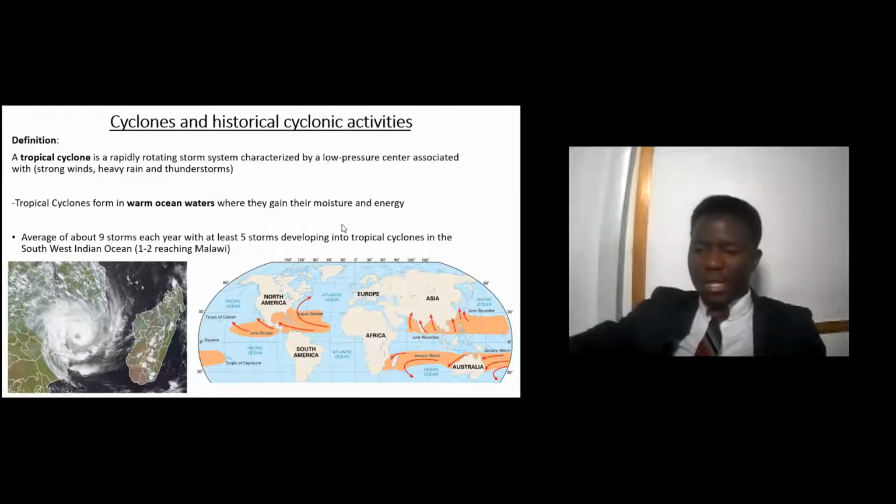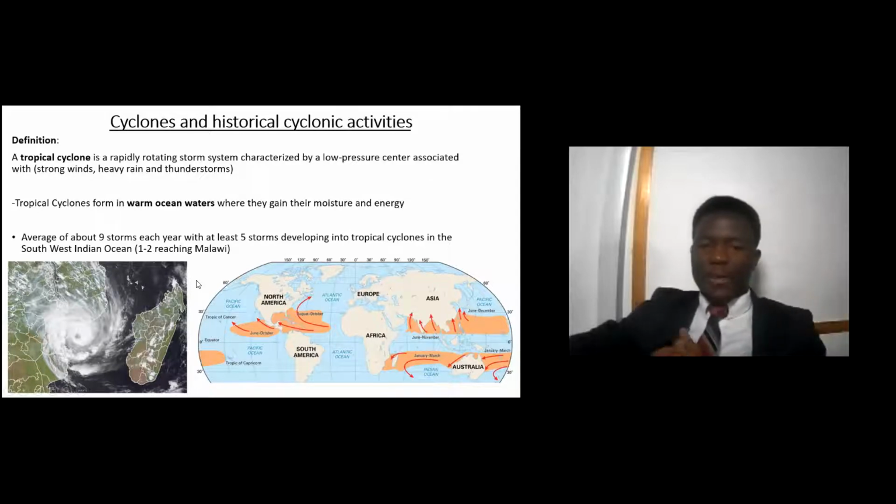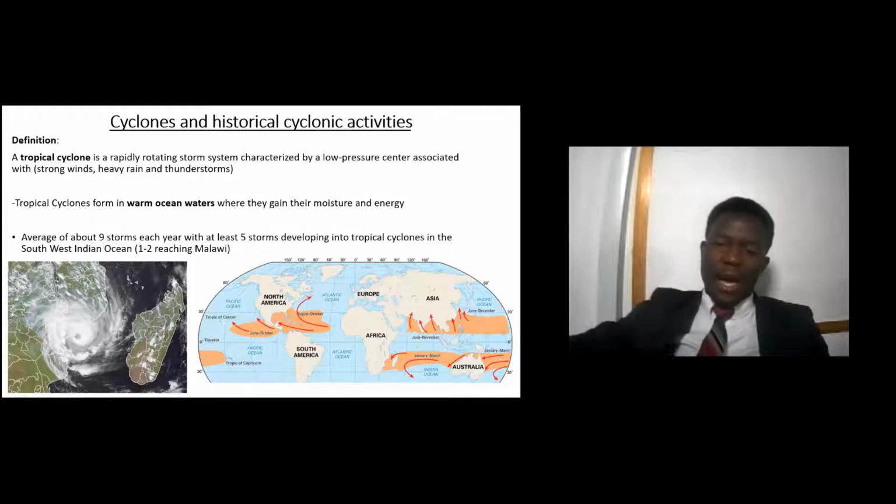As they rotate, they start moving, following winds. In our region, as you can see in this picture showing the world map, they move from the east towards the west, where our land is. On average, at least 9 systems develop in the Indian Ocean, at least 5 of them develop into tropical cyclones, and 1 or 2 might reach Malawi.